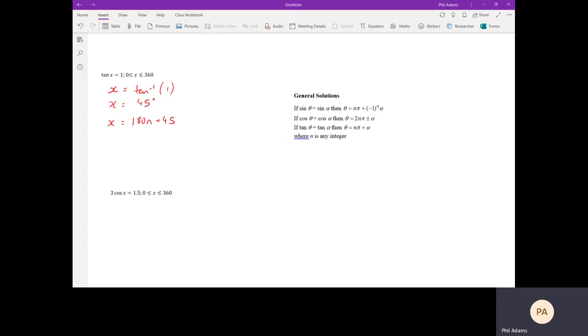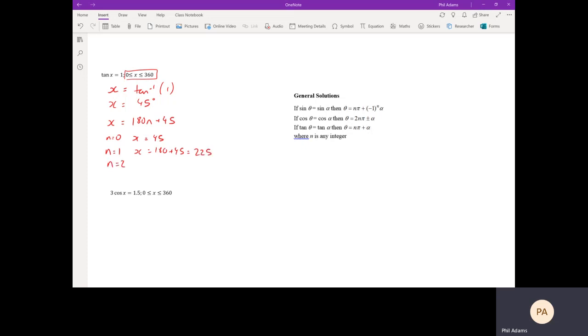Now n is just something we try. So basically we try different values of n and we get answers for x, and we keep trying different values of n as long as the answers fit in the domain that we're given. So in this case, if I made n equals 0, then x would be equal to 45, which is a good answer. If we say n equals 1, then x will be 180 plus 45, which is 225, which also fits in our domain.